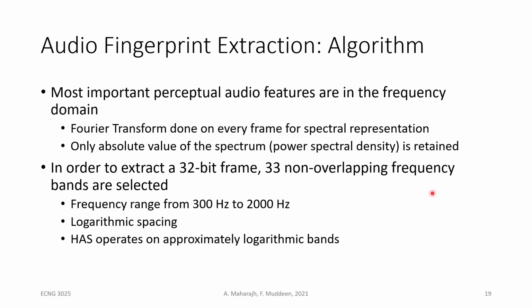Or we can hit 1000 Hz and then 2000 Hz and so forth. But it's basically going to be logarithmically spaced, which is similar to how the spacing is for your Bode plots and so forth. And the human auditory system, also referred to as HAS, operates on approximately logarithmic bands. So that's why we do this logarithmic spacing for the frequency range here for our frames.